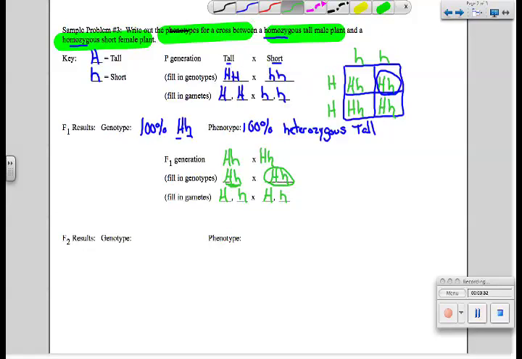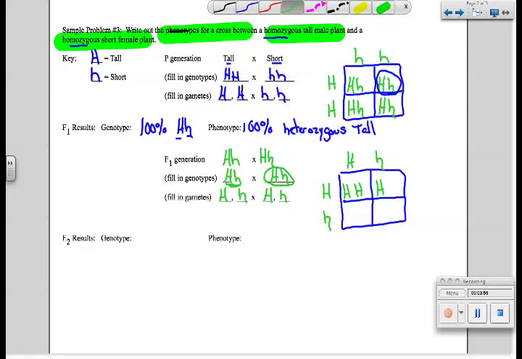So now let's do our cross. I'm going to put 1 parent across the top and 1 parent down the side. Now I'm going to carry out my cross.